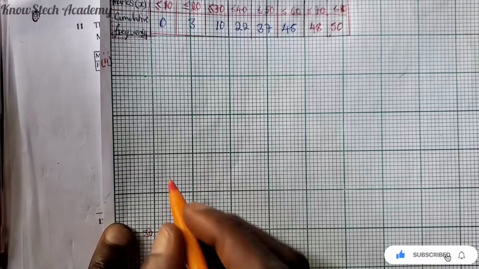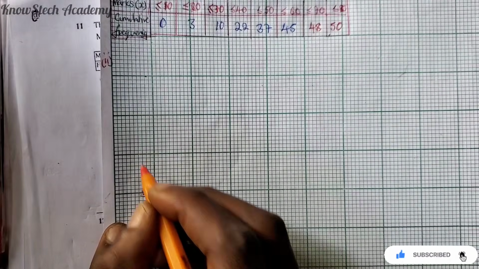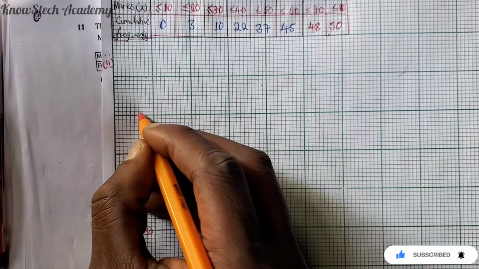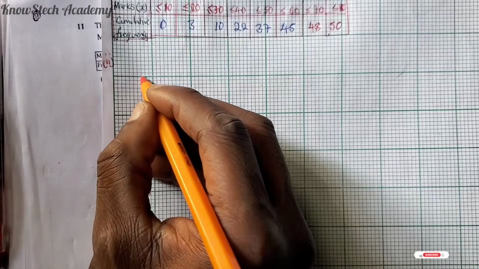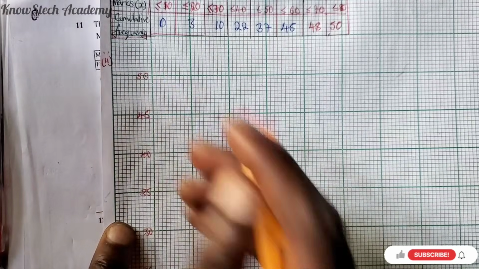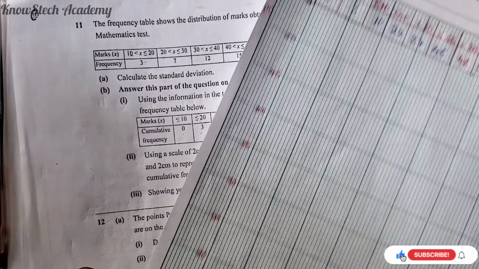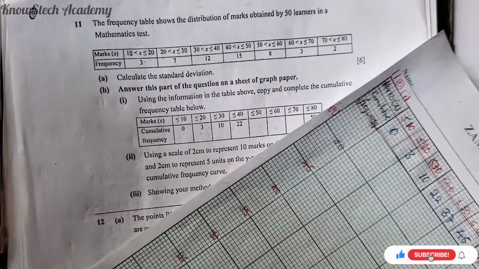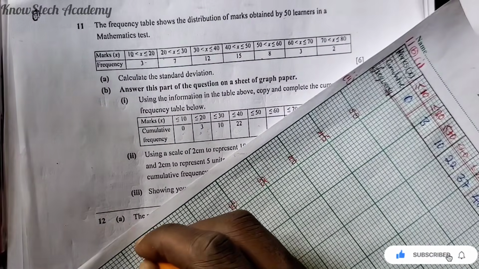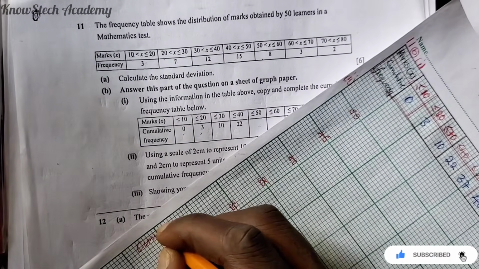So here it is 5. 5 plus 5, 10. 10 plus 5, 15. 20, 25, 30, 35, 40, 45, 50 here. Okay, 50. Then here we're going to write cumulative frequency. All right, like this.